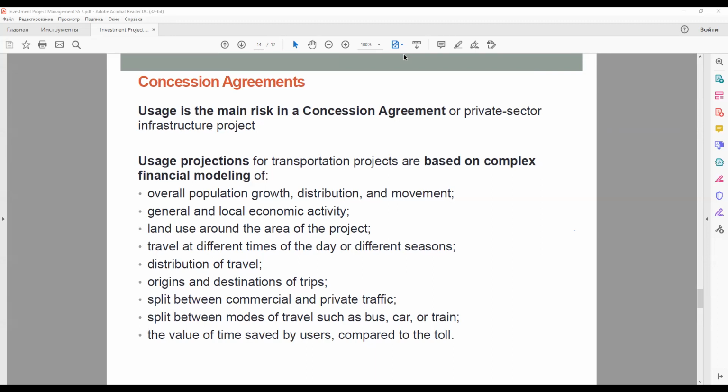Future projections of traffic growth for project finance purposes are based on macroeconomic factors such as growth in the national and regional economy, leading to growth in private and commercial vehicle ownership, and generally do not take into account extra traffic that may be created by the construction of the project itself.